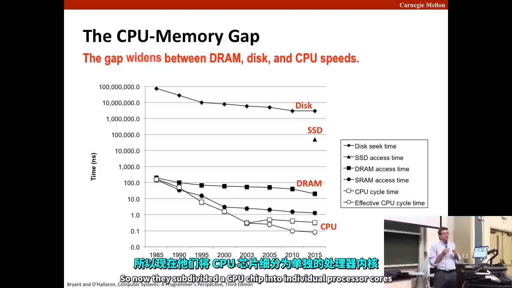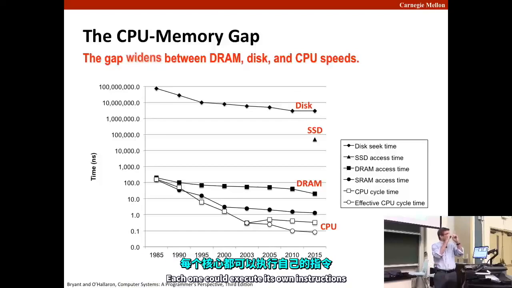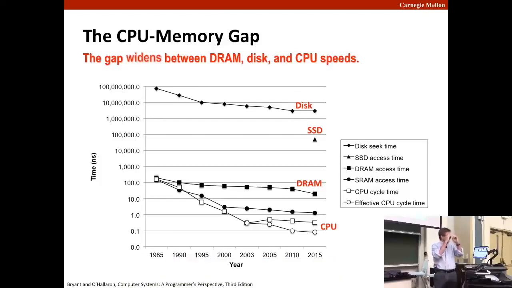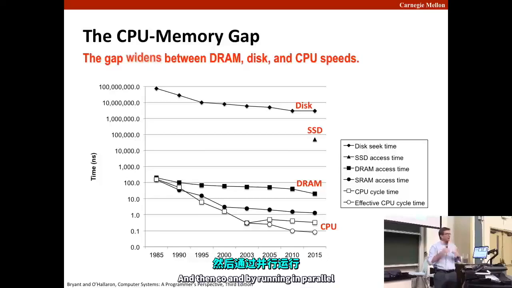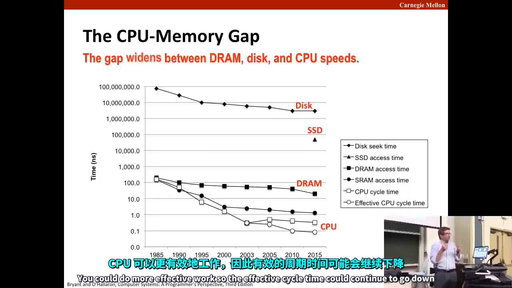So now they subdivided a CPU chip into individual processor cores. Each one could execute its own instructions. And by running in parallel, you could do more effective work, so the effective cycle time could continue to go down.